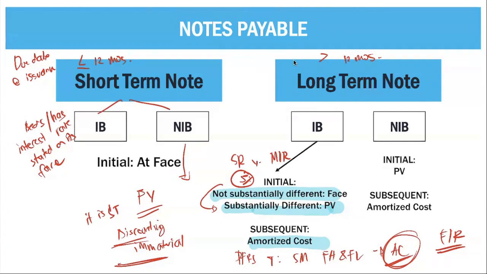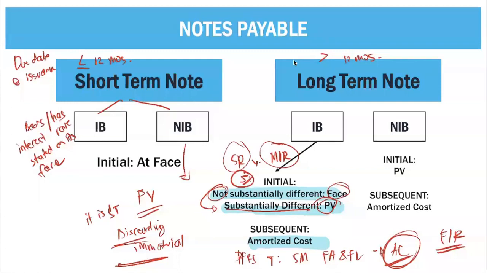Okay? So for interest bearing, you check the stated rate against the market interest rate. If the difference is at least 5, it is considered substantially different, so present value. If it's not substantially different, you use the face amount. For subsequent measurement, you use amortized cost. Next, for non-interest bearing, initially you measure it at present value.